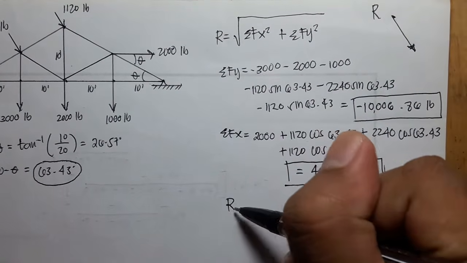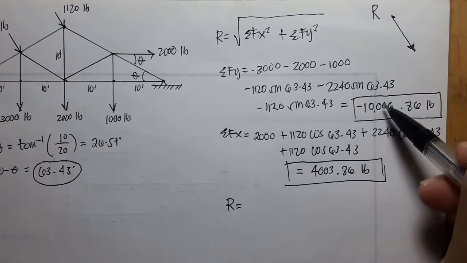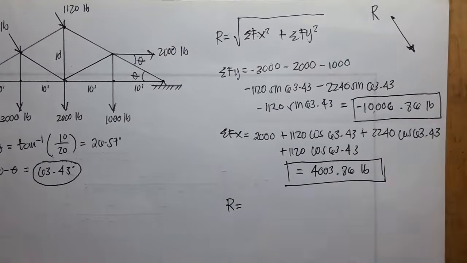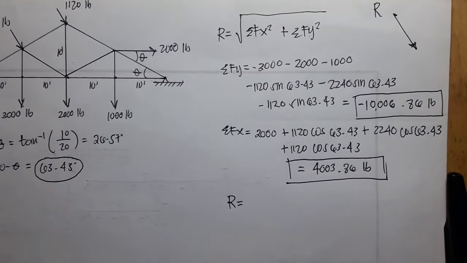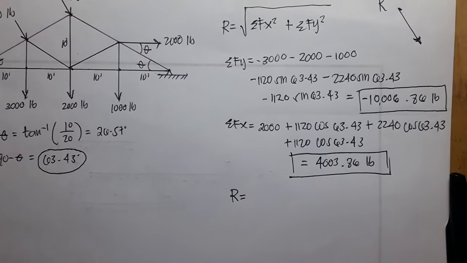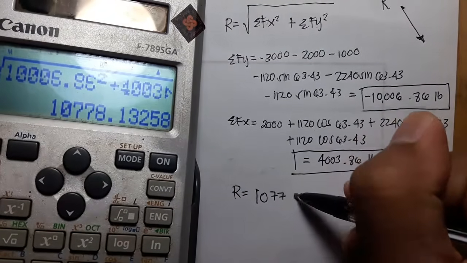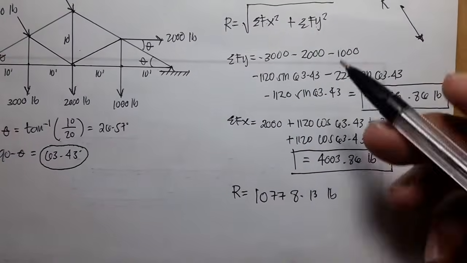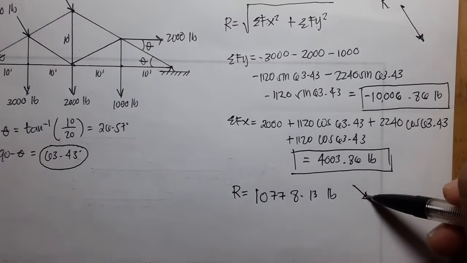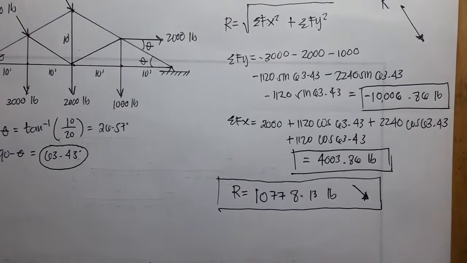The resultant is the square root of the summation of forces x squared plus the summation of forces y squared: 4,003.86 squared plus 10,006.86 squared. So we got 10,778.13 pounds. This is our resultant.